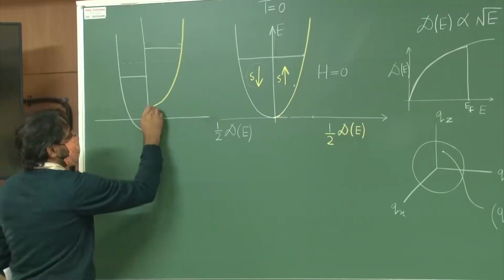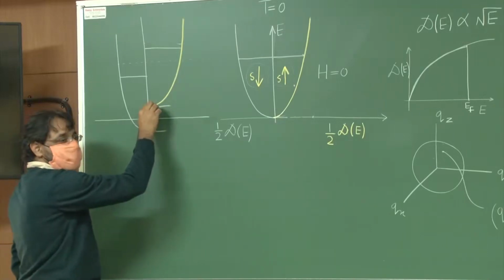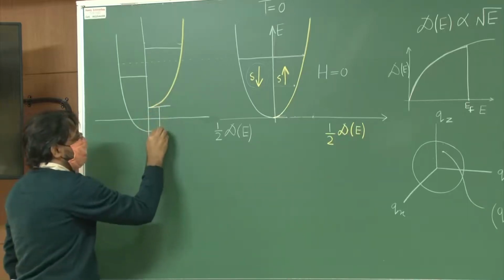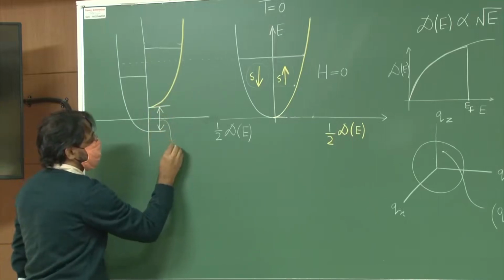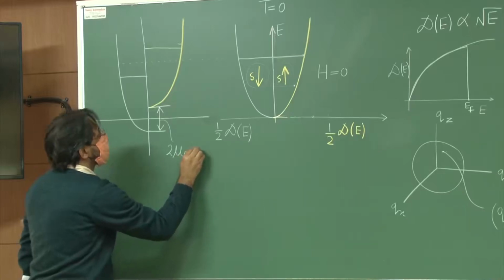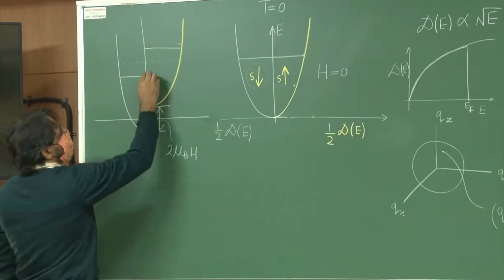So, what is this gap? This has gone up by an amount plus mu_B H, and this has come down by an amount minus mu_B H. So, this gap then will be twice mu_B H. Right? And what is the population difference?